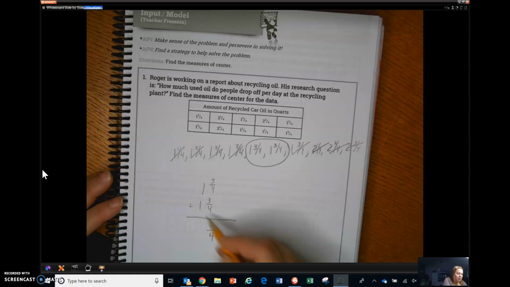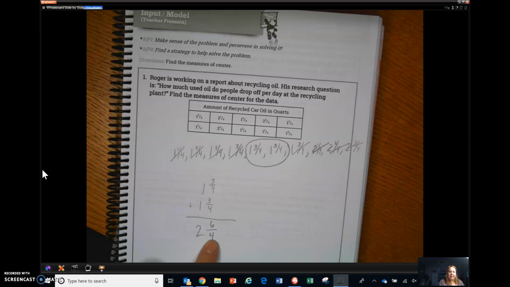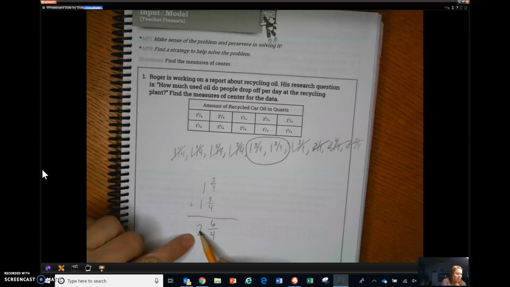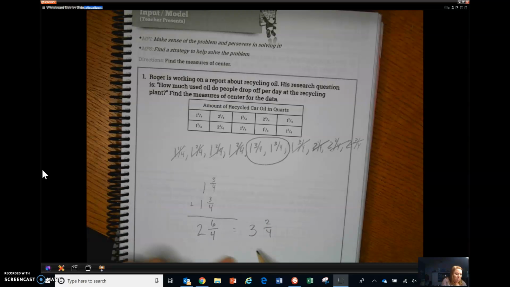Keep the denominator, 4. This is an improper fraction. I know that 4 can go into 6 one time with 2 left over, so that 1 I'm going to add to the whole number. So it'd be 3 and 2/4, or 3 and 1/2.